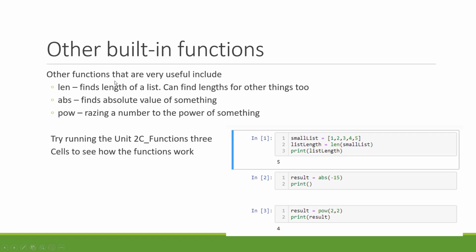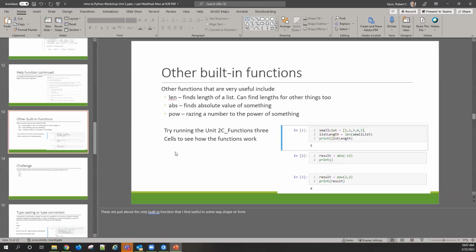The ones that are useful would be length, absolute value, and power, or raising it to the power of something. So why don't we go ahead and pop open unit 2C functions for that particular notebook.